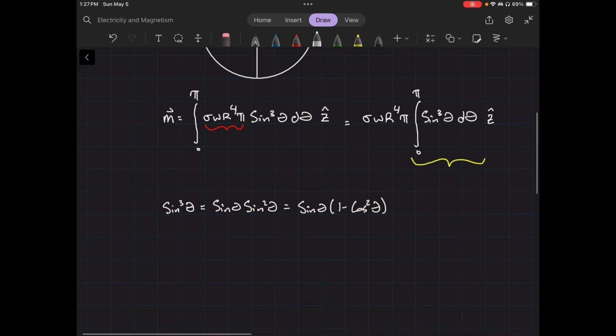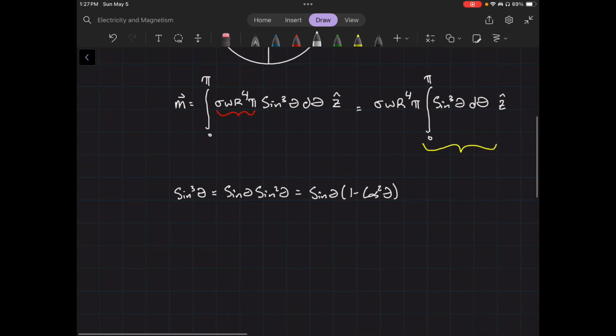So then we can rewrite that portion of the integral as the integral from 0 to pi of sine theta d theta minus the integral from 0 to pi of sine theta cosine squared theta d theta.